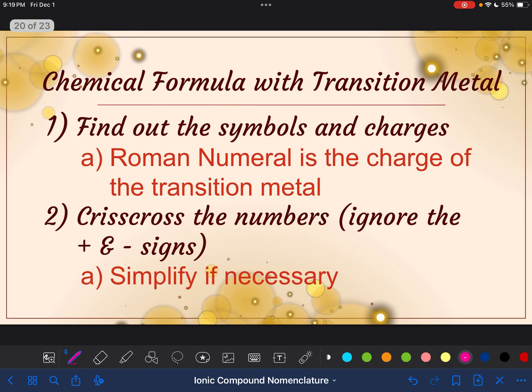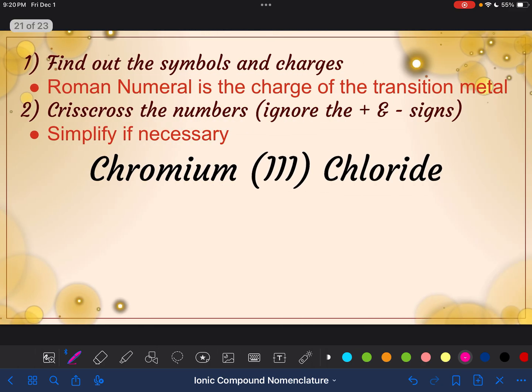Now let's try the vice versa way. Now this is way easier than what we just did because the charges are actually provided within the problem. So I'm not going to go over too much about this because this is pretty much the same thing as the previous one. So number 1, I'm going to write down our symbol and our charge.